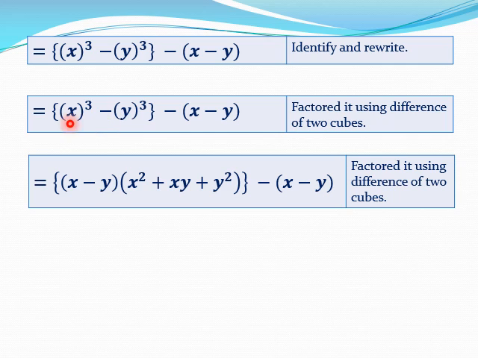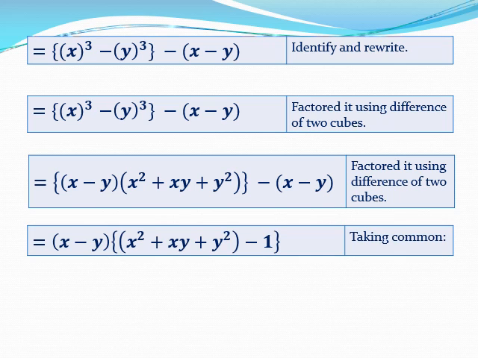These are difference of two cubes: first term, second term, and the factors are first term minus second term. Then the second factor is first term square, product of first and second term, and square of the second term. This is the same as in the previous one: minus x times x minus y.